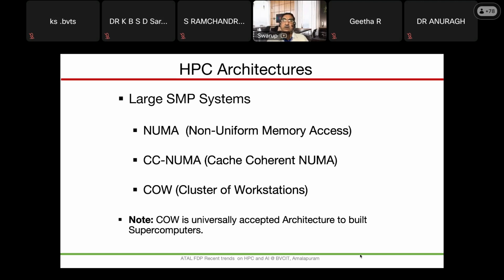When you have visualization and other things we used to call it a workstation, but more or less the resources are the same. The COW is a universally accepted architecture to build a supercomputer. If you take any supercomputer today, it is a cluster of multiple systems.